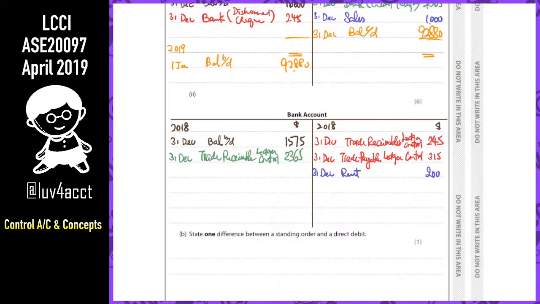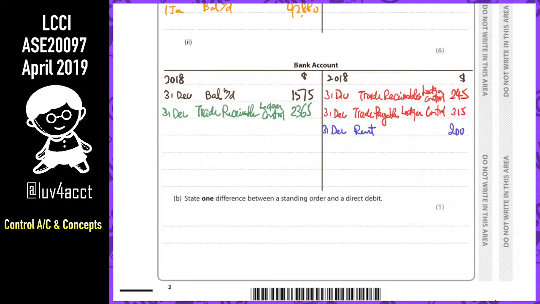And then for the bank account, 1365, 3180, balance carried down. Okay, finished.